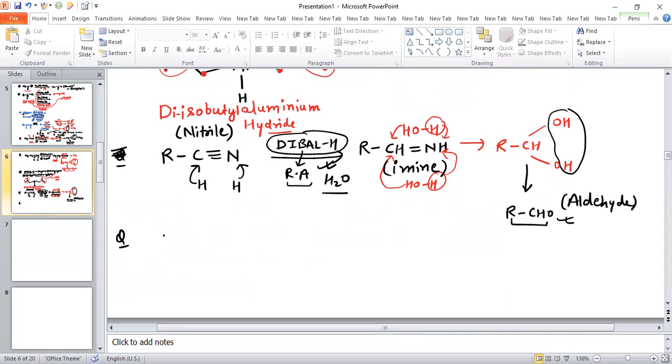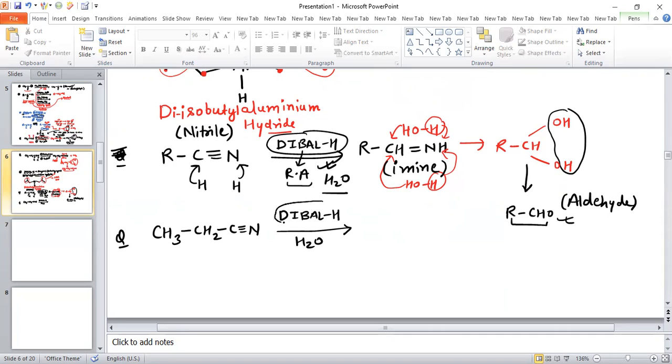If the question is basically CH3CH2CN, and the reagents we use there are DIBAL-H, and we add water to it.